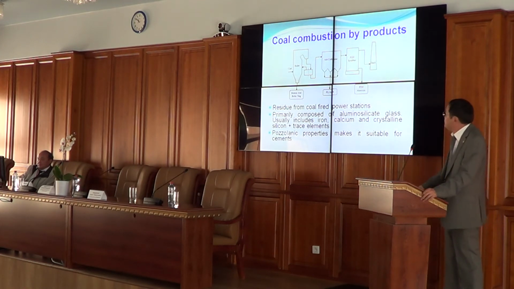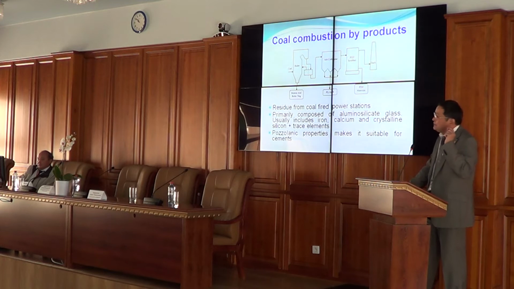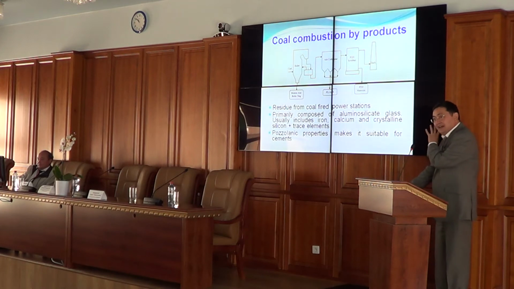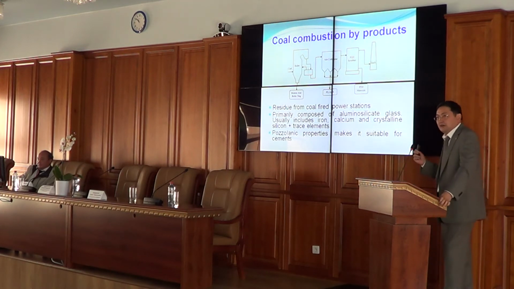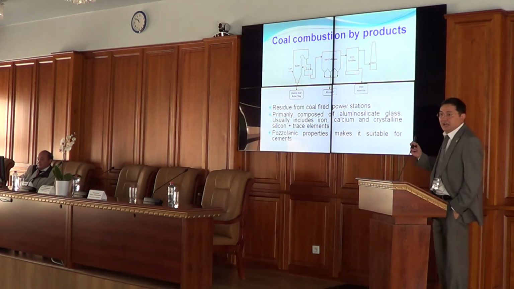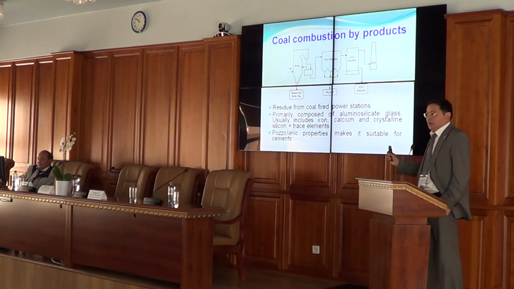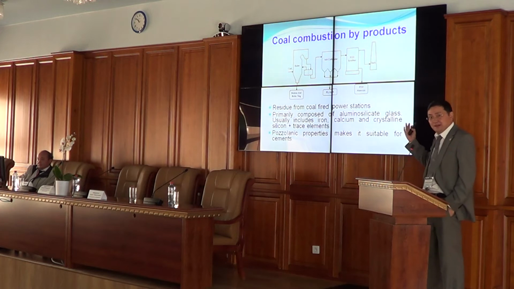And flue gas desulfurization product comes because each coal contains up to 1% of sulfur. The sulfur comes as sulfur dioxide, and in order to not increase the acidity of air and avoid acid rain, we have to use calcium oxide to get gypsum.